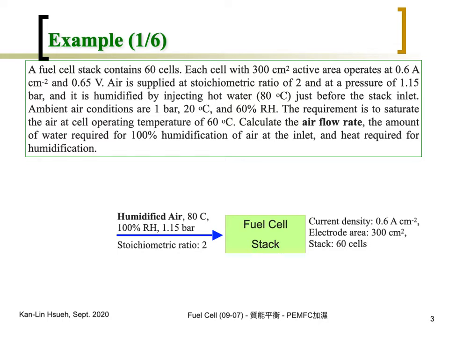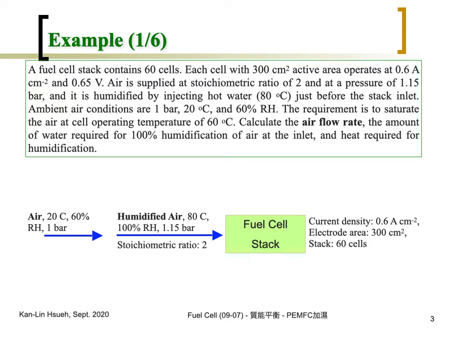This fuel cell stack needs to humidify the air at 80 Celsius degrees, 100% relative humidity, and a pressure of 1.15 bar, and the stoichiometric ratio is 2. The supplied air actually is cold and relatively dry, at 20 Celsius degrees, 60% relative humidity. The air pressure is 1 bar.